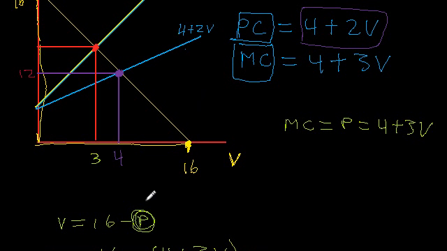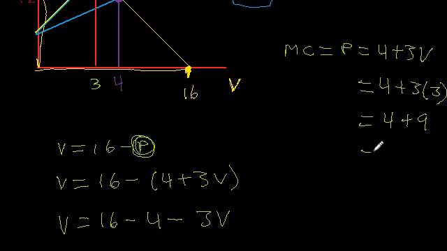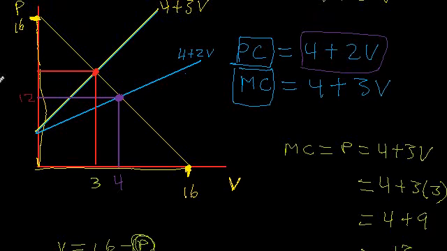And if V is equal to 3, then we can say 4 plus 3 times 3, which is 4 plus 9, which equals 13. So we can input that information on the y-axis.